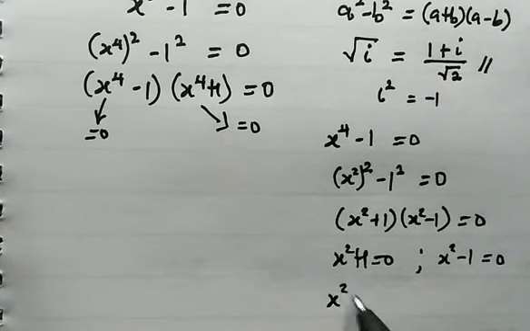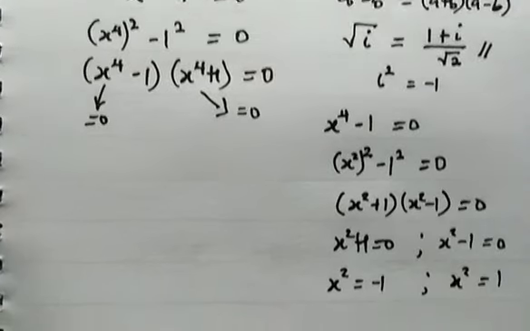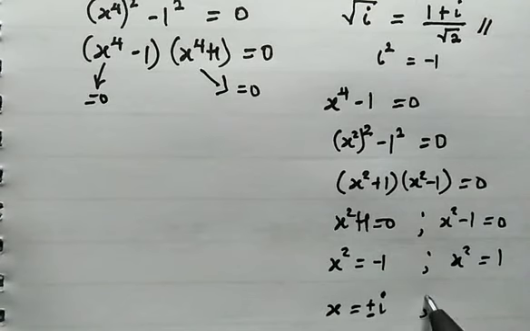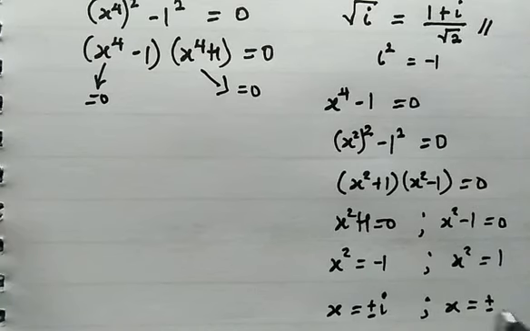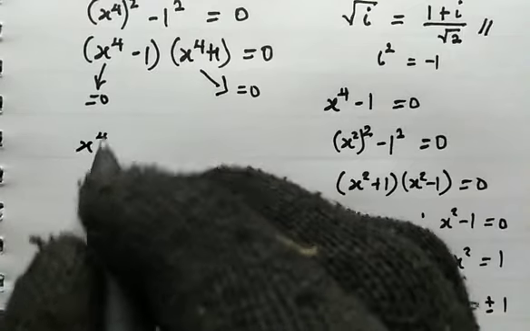So from here we have x squared is equal to negative 1, and here x squared is equal to 1. So take root of both sides, we get x is equal to plus or minus square root of negative 1, which is I. Then from here x is equal to plus or minus square root of 1, which is plus or minus 1. And the other one we have x to the power of 4 plus 1 equals 0.